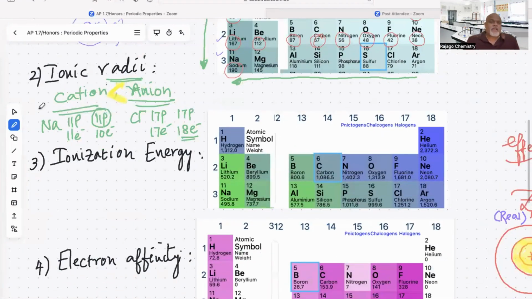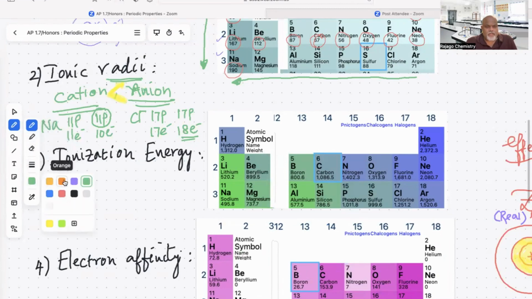Next is, what is ionization energy? The ionization energy means the energy that is required to remove an electron from the outermost shell.